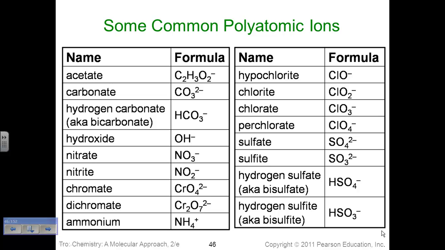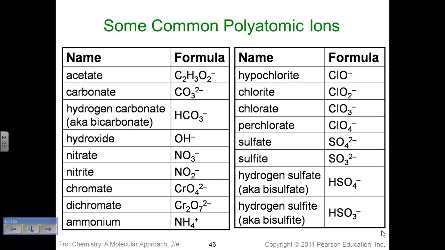Chlorate has ClO3, a group of atoms acting as a unit, and it happens to carry a -1 charge. When we remove 1 oxygen and go from a chlorate, ClO3 negative, to an ite ending, ClO2 negative, when ate becomes ite, we've removed 1 oxygen.